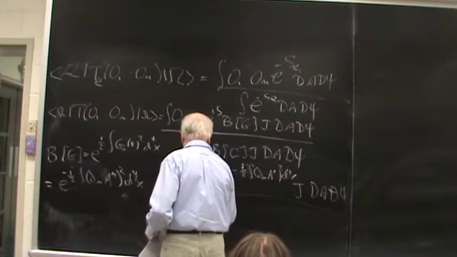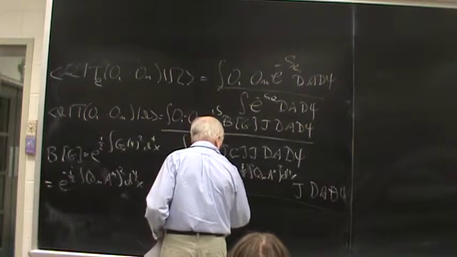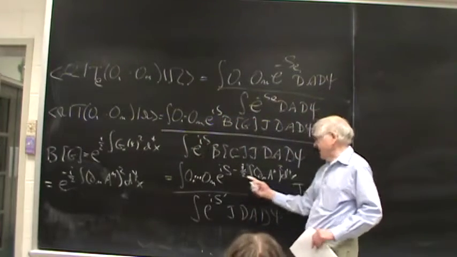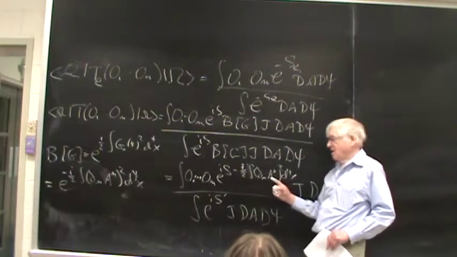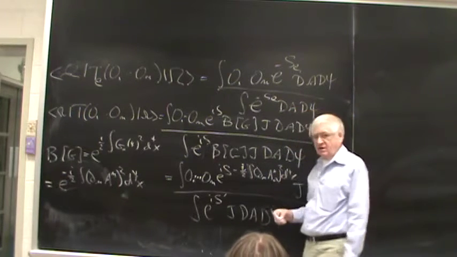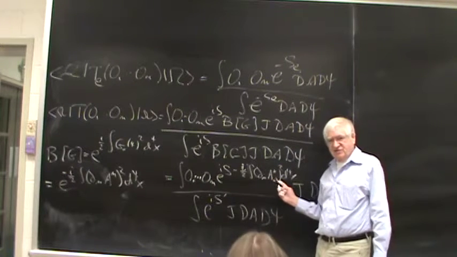And then we divide by integral e to the I S prime j dA d psi, where S prime is S plus this gauge fixing term. Well, as you remember, this, let us put an A there.